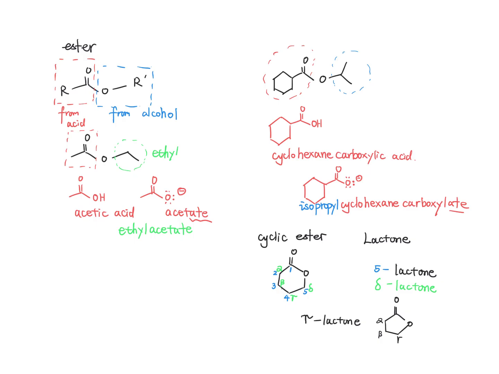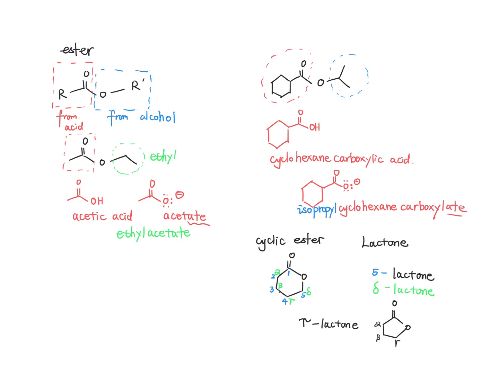The last scenario we are going to talk about here is when you start with a dioic acid. For example, we have malonic acid. Now, if it forms ester on both sides, how can we name it? Very easy.